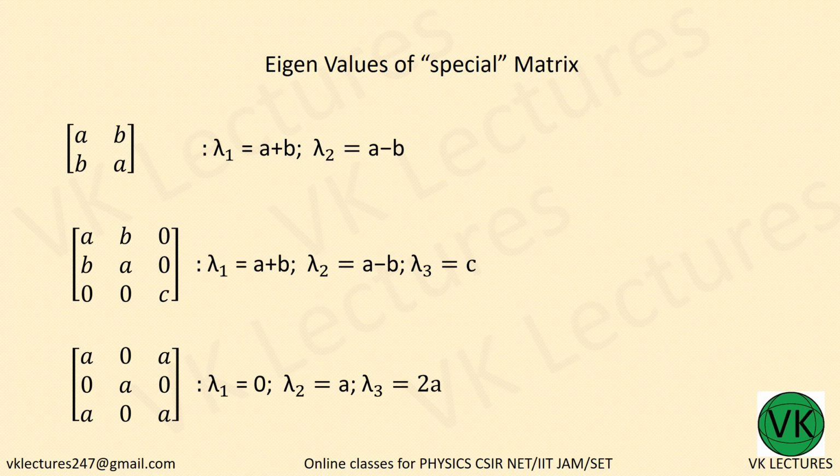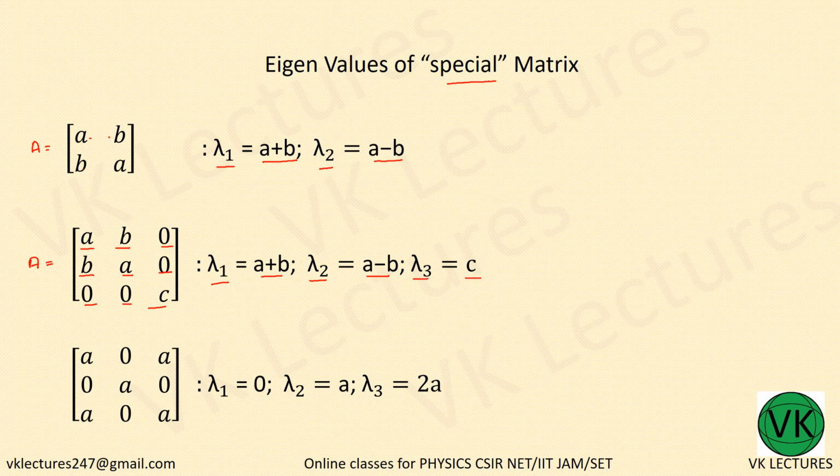Eigenvalues of some special matrices. Now suppose you have a matrix A with elements a, b, b, a, then lambda 1 equals a plus b, lambda 2 equals a minus b. And suppose you have a 3 by 3 matrix a, b, 0, b, a, 0 and 0, 0, c, then lambda 1 equals a plus b, lambda 2 equals a minus b, lambda 3 equals c.